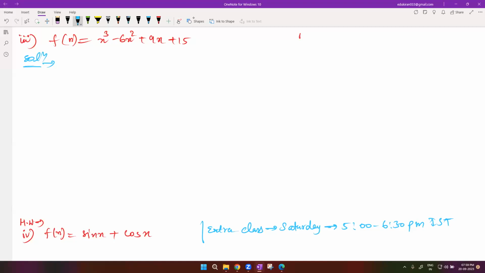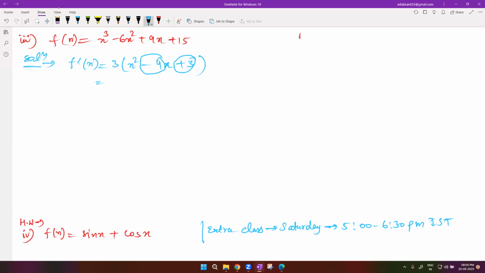Okay, sure. Cool. What is f dash x in this case, Austin? 3x squared minus 12x plus 9. Right. So we have to factorize this: x square minus 4x plus 3. To factorize, you have to find out two numbers such that, do you know this method, splitting the middle term?